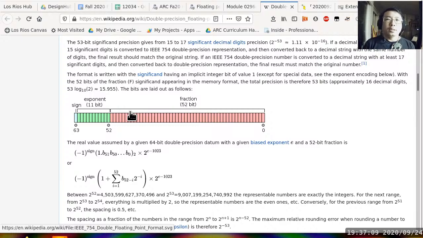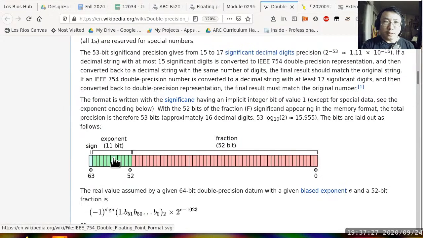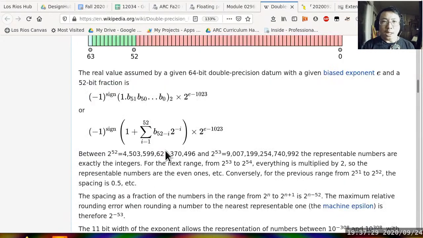All right. Given these 64 bits chopped up in this particular fashion, what is the value represented? You can use either this expression or this expression here to find out what the value is. Let me zoom in so it's easier for me to point to individual items.